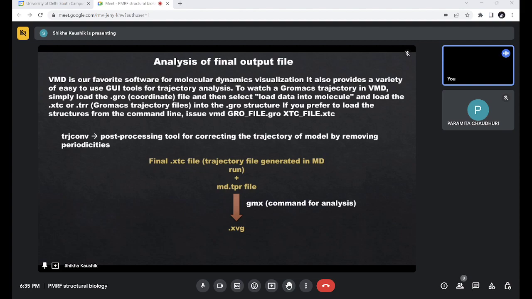With the help of VMD, you visualize your molecular dynamics structures, and it also provides a variety of easy to use GUI tools. Especially when you talk about GROMACS trajectory, you use VMD, and it will help you study different parameters.